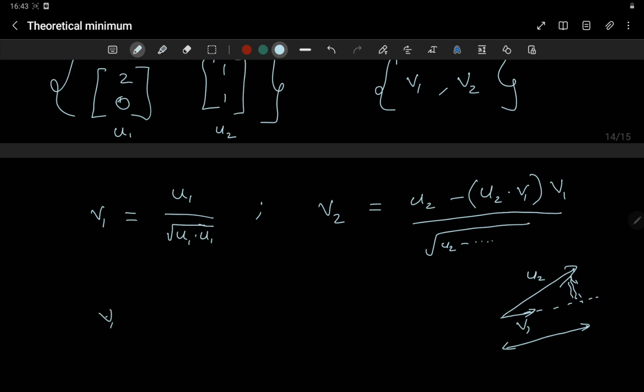So for this example, v1 is (1, 0) and v2 is (-1/2, 1/2)? No, because if you take a dot product of these two, it won't work.